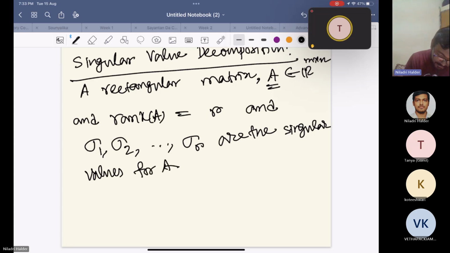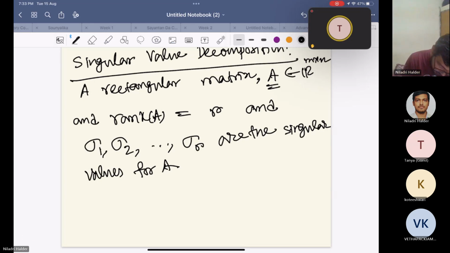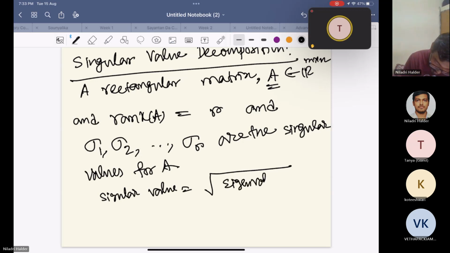So what are the singular values? Singular values means sigma i equals the square root of the eigenvalues of A Hermitian A. Okay, so this can be applicable for complex matrices also.